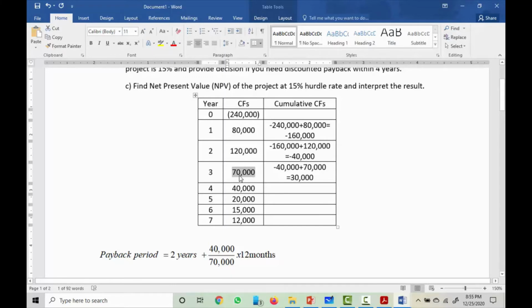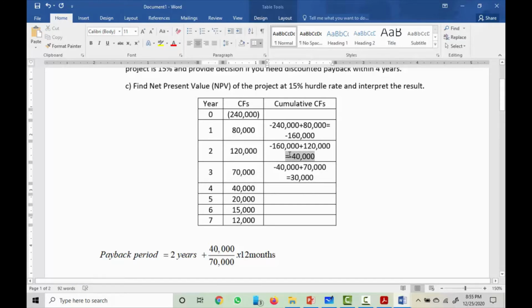So if we consider that over the 12 months of the third year, we received the cash flows consistently, at equal amounts over the 12 months, then we just need to find out how many months it will take for us to get 40,000 taka back.